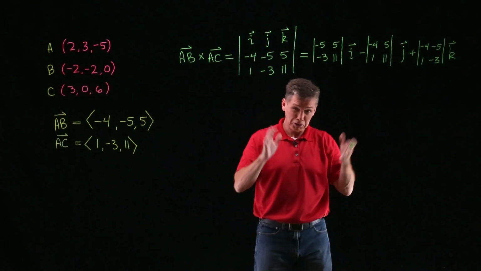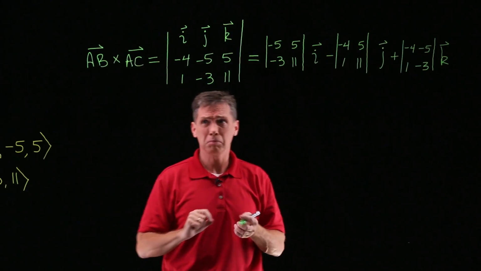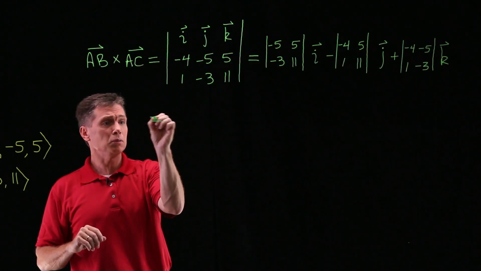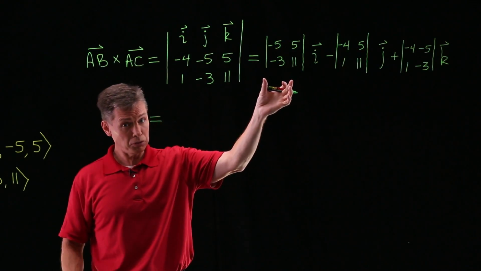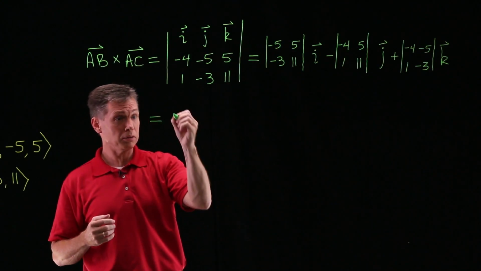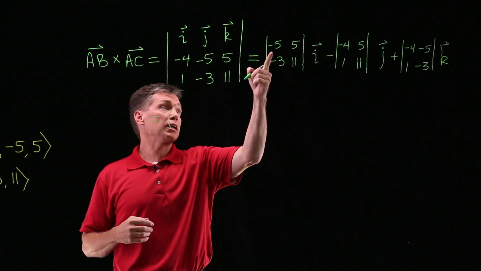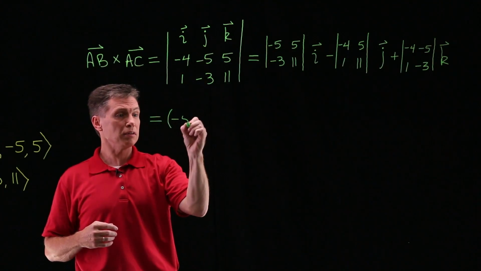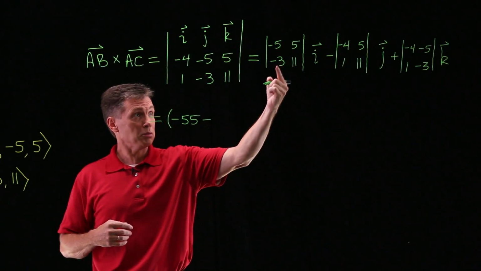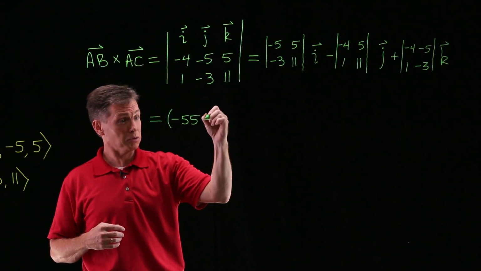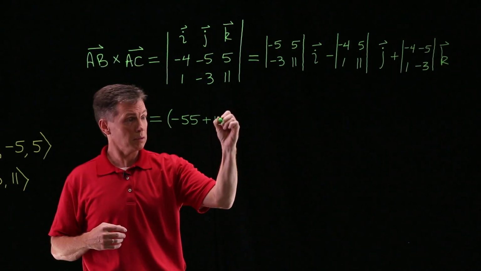Now you do the dirty work and actually calculate this, which is mostly arithmetic, right? So this equals, the arithmetic then is doing these determinants of the small 2x2s. You do your crisscross pattern. So I'm looking at a -55, and I'm subtracting. The 5 times -3 is -15, so it's going to be a +15.